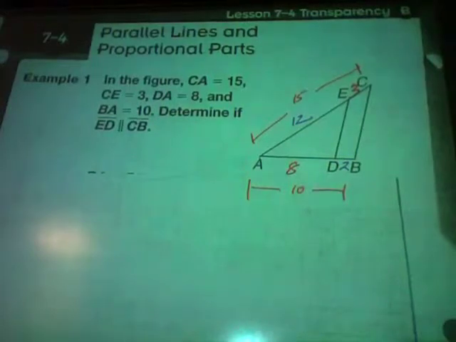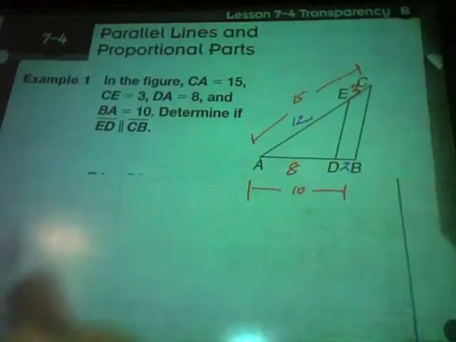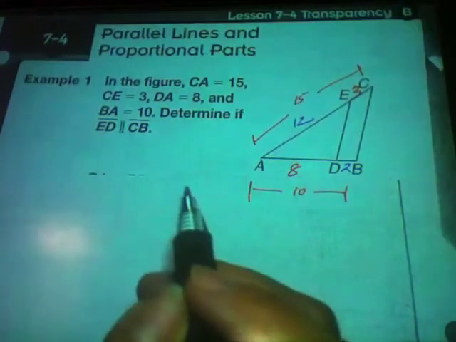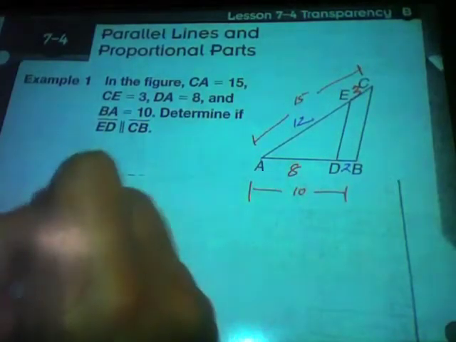Here's, somebody give me one. Suggest one proportion that we could use. Be brave. There's lots of them. Nobody wants to ponder it. Well, let's start with the segments and then we'll fill them in. What if I said AE?